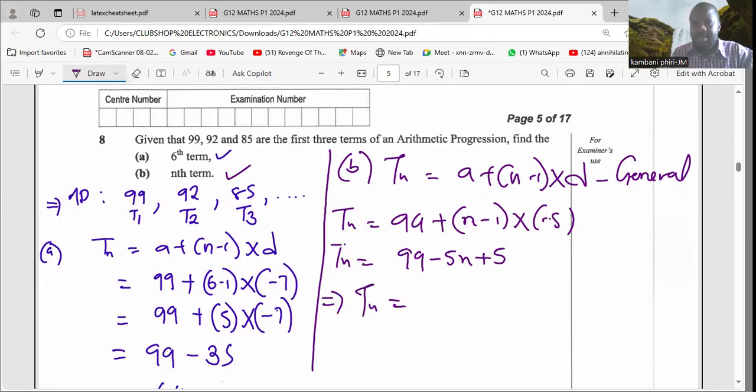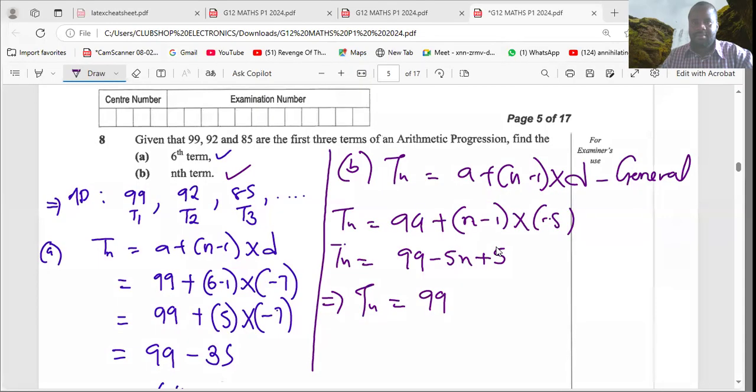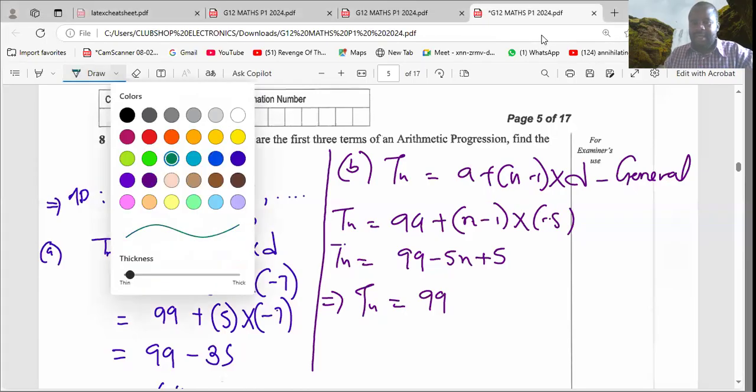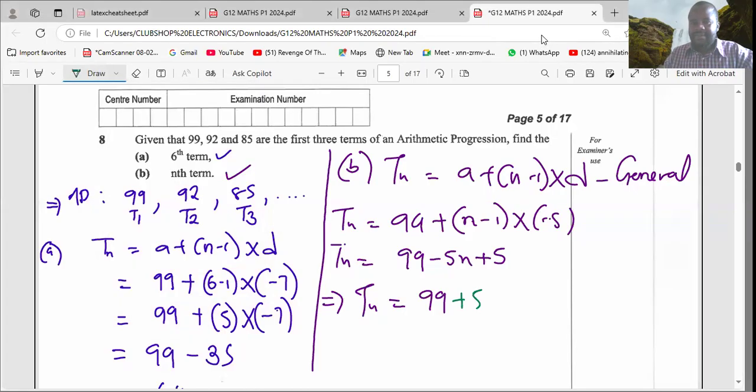So Tn will be equal to 99 plus 7 minus 7n.